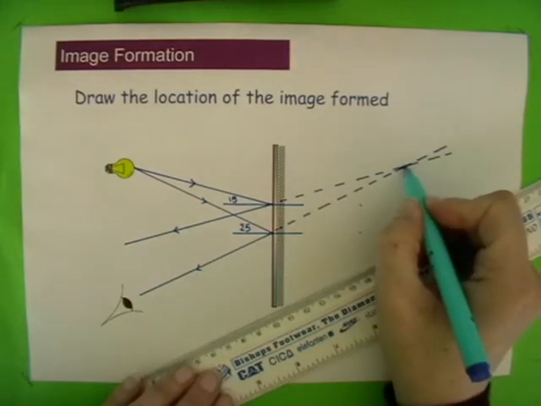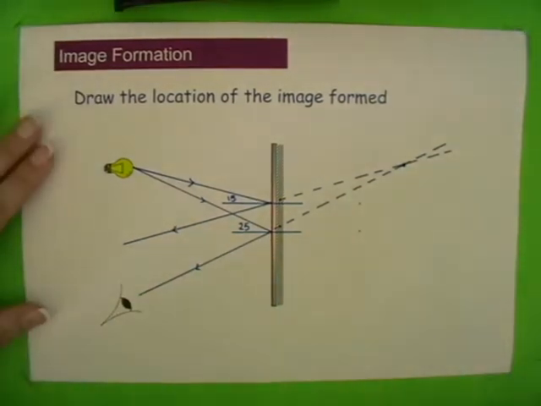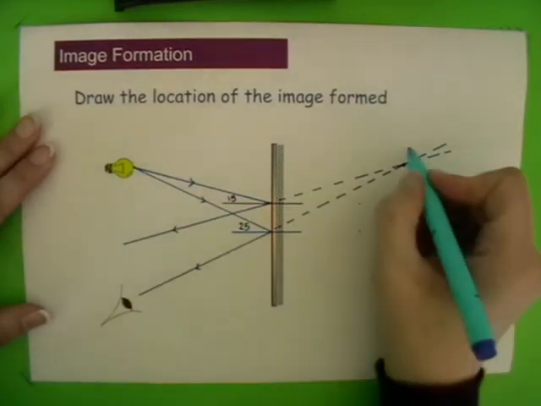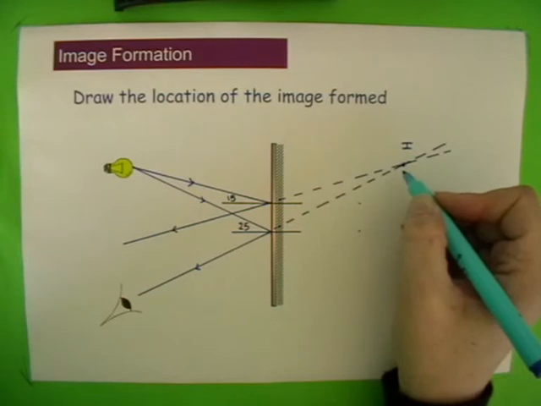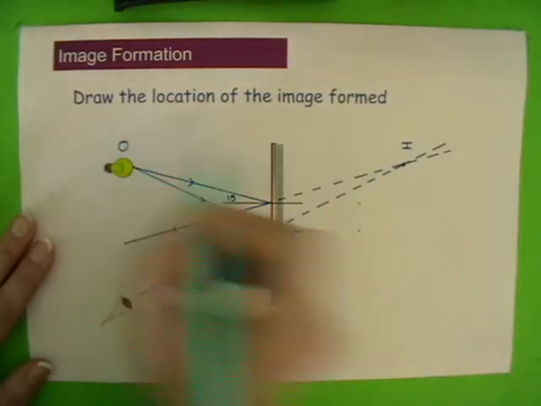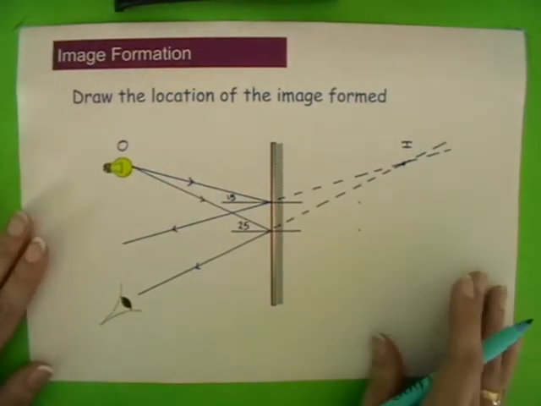And where the two rays meet is the corresponding point on the image. So we'll mark that as I. You could then draw your bulb or so on, but it's easier with an X actually. So this is the object and this is the image.